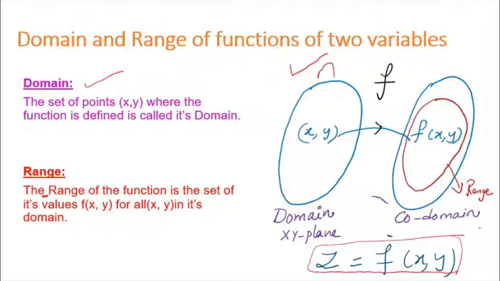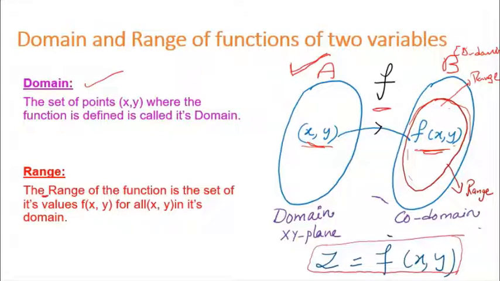Say this is A, the set of all ordered pairs x y, because there are two variables, and f is a function from the set A to B, where in B you have the image of x comma y, which is f of x y. Here A is called the domain and B is called the codomain. Only the set of all those which are the images is called the range.